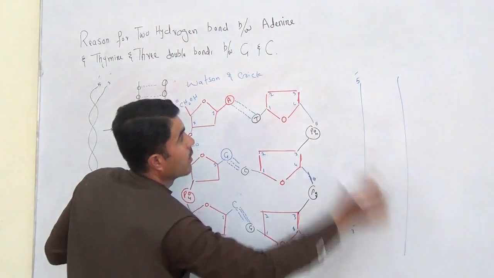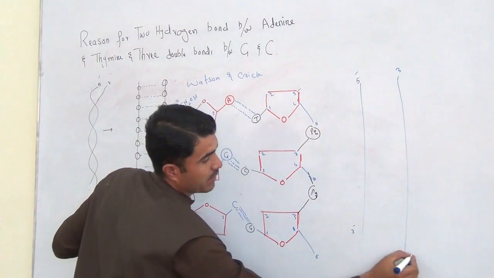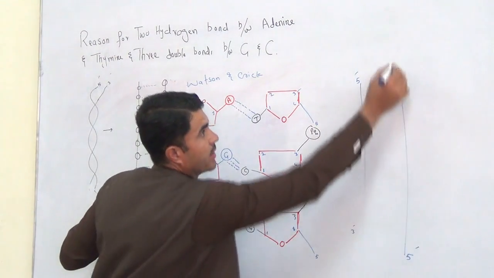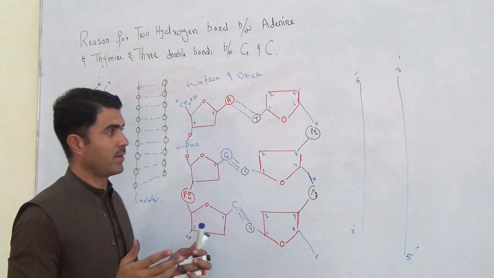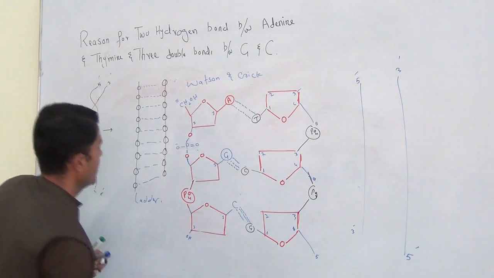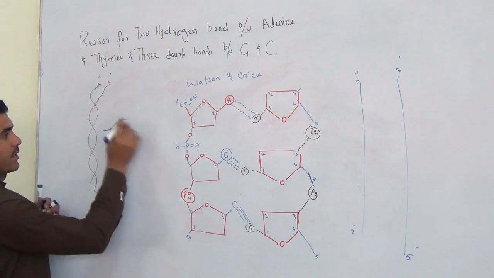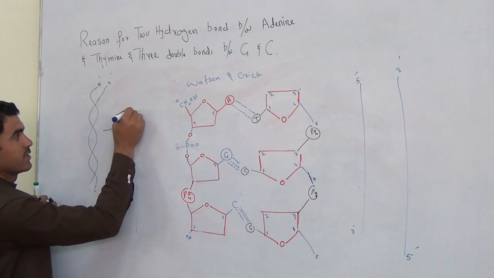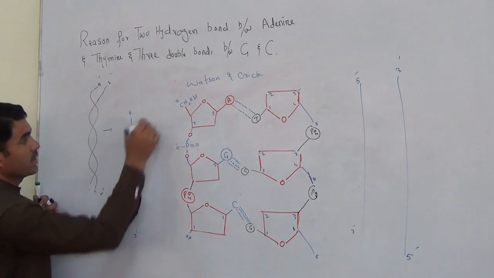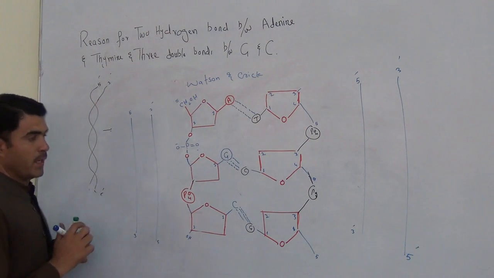So we write this is the third carbon, and at the end we have 5 carbon, so we write it 5 prime. This is called anti-parallel, right? You can write it here also. If I present this one chain in the form of one line, it is 5 prime and 3 prime, and the other is 3 prime and 5 prime.